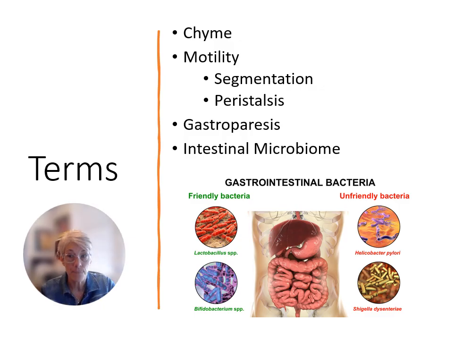Chyme, all right? Then we have our intestinal motility, which is the movement of the small intestine that facilitates digestion and absorption. Chyme leaving the stomach and entering the duodenum stimulates intestinal movements that help blend secretions from the liver, the gallbladder, the pancreas, and the intestinal glands.